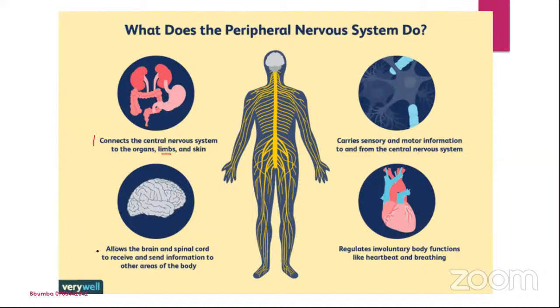And secondly, it allows the brain and spinal cord to receive and send information to other areas of the body because they are out. Another function is that it carries sensory and motor information.